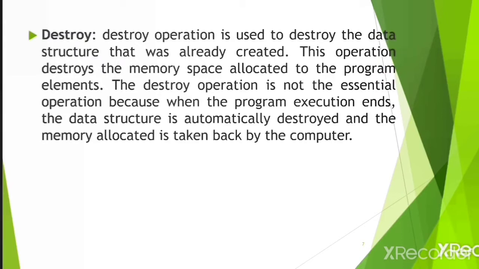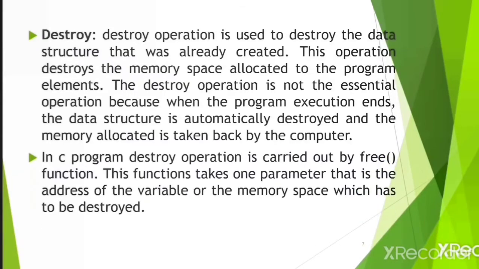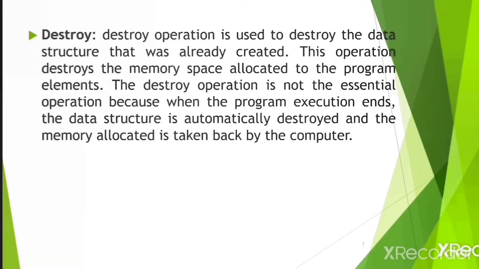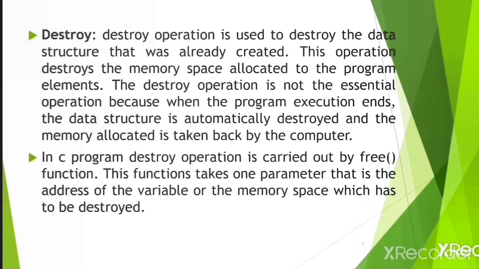If you want to perform the destroy operation in C language, you can explicitly call a free function. This function takes one parameter, that is the address of the variable or the address of the memory which has to be destroyed. Here, we have already created a variable var1 by the creation process in our previous slide.